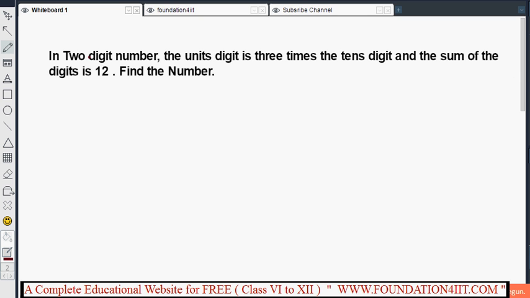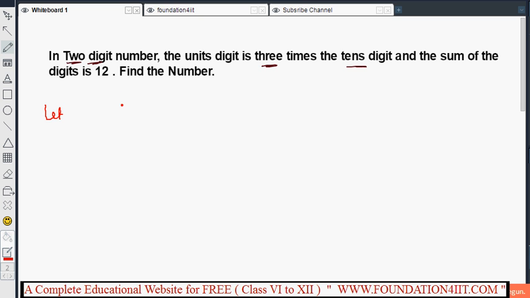So observe here, 2-digit number. So that is only tens and units. So the units digit is 3 times the tens digit. So we need to take some variables.